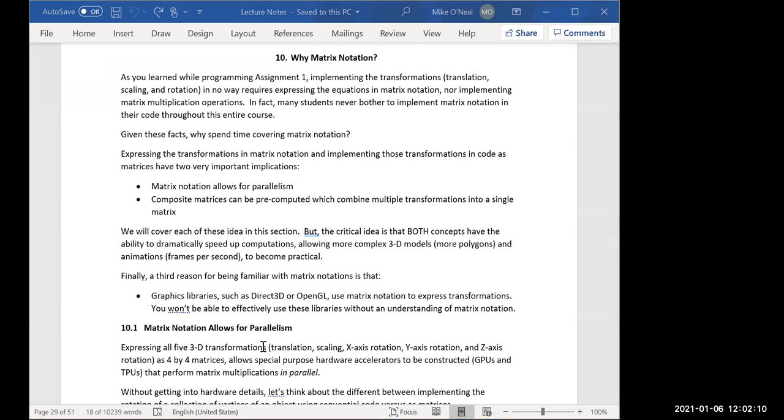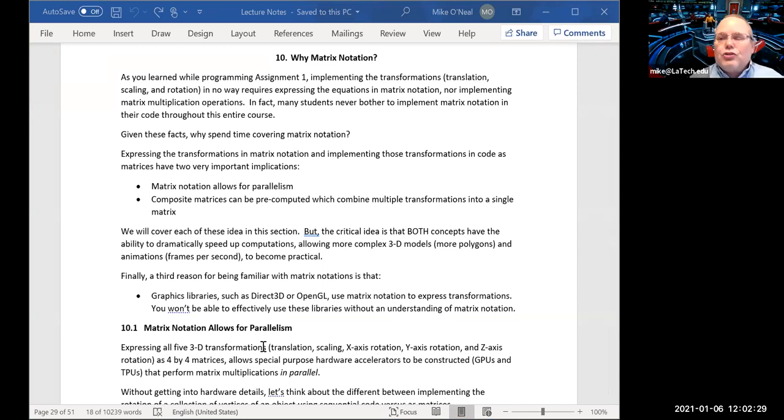If you think about the first programming assignment, one of the errors that about a third of you made, and even those who didn't make the error, a number of you said, oh yeah, I ran into that problem, but I've discovered it and I fixed it, was that you're doing the z-axis rotation equations, and like we talked about earlier, you compute a new x, and then when you get to the second equation, you're supposed to use the original x, but you've changed it, and so you're using the wrong value there.